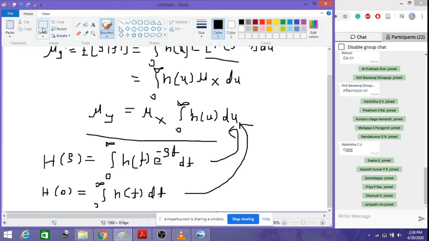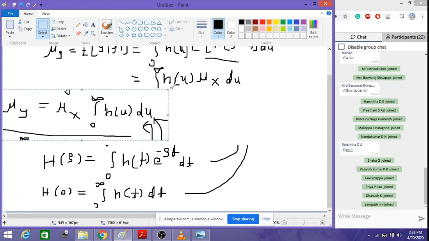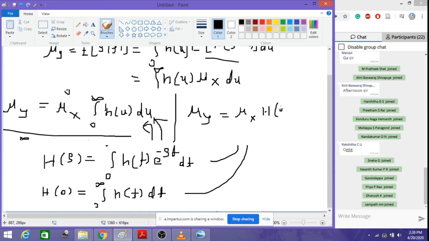Finally we can conclude, if I move this term aside, that mu y is equal to mu x into H of 0. Here H represents the transfer function. Therefore, if x of t is a zero mean random process, then y of t is also a zero mean random process. Now let us look into the cross correlation of y of t and x of t.